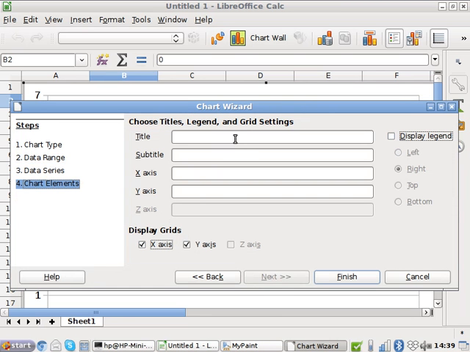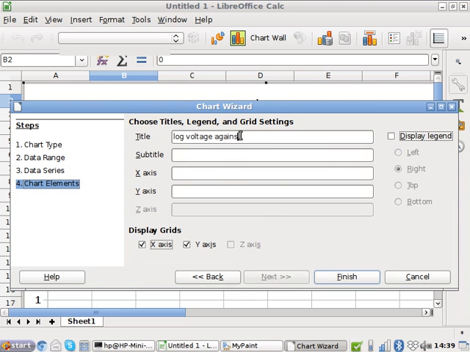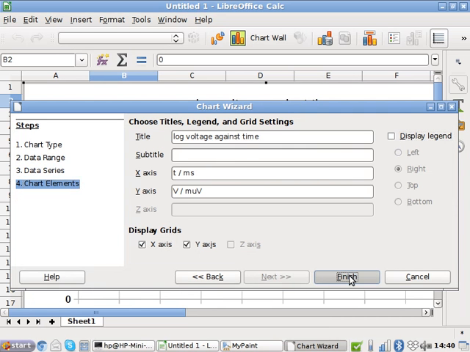What graph will we call this? This is log voltage against time. The x-axis is time in milliseconds, the y-axis is log voltage in microvolts. I hope I have this the right way around.